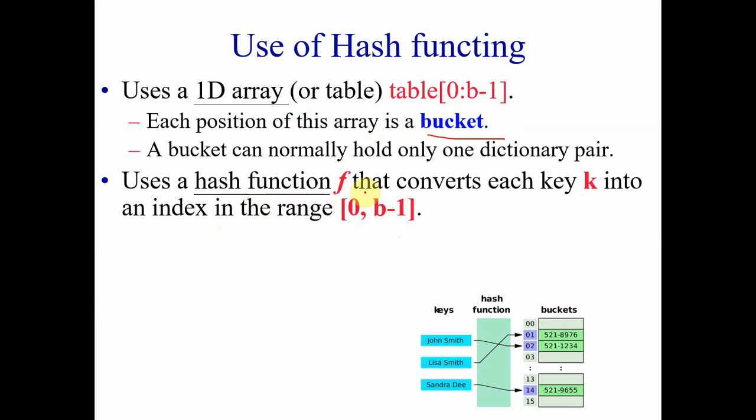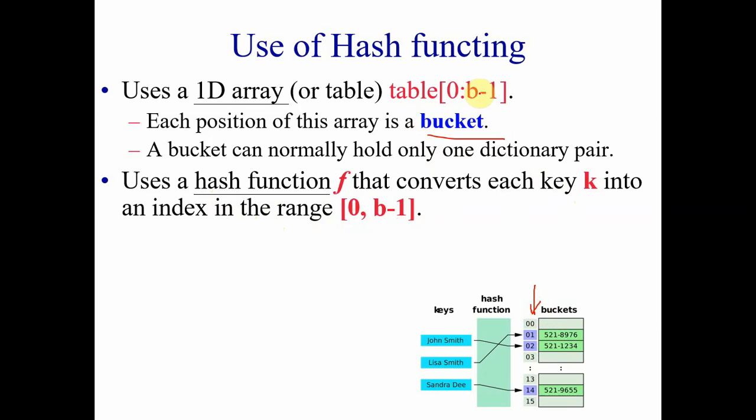and uses the hash function f that converts each key k into an index in the range of 0 to b minus 1. You can see that b will be the size of the hash table, or the number of buckets.